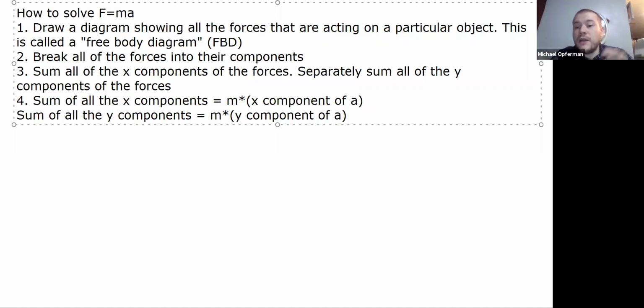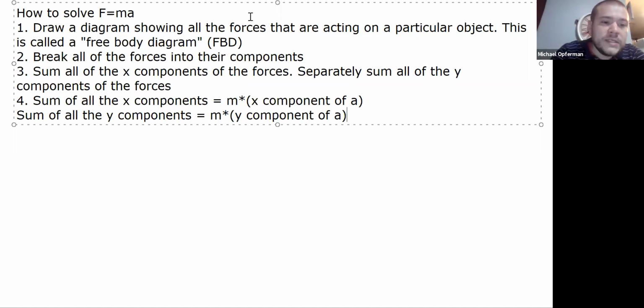Okay, so in other words, one thing I want to be very clear about, when we solve F equals ma, 99.9% of the time, we're actually solving a separate F equals ma problem for x direction and a separate one for y direction. If you had a three-dimensional problem, you would solve a separate one for z direction.